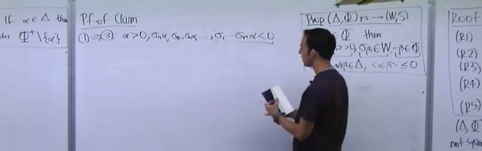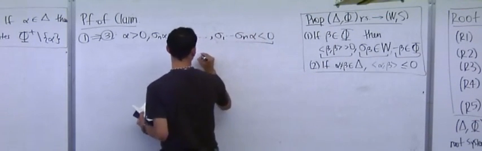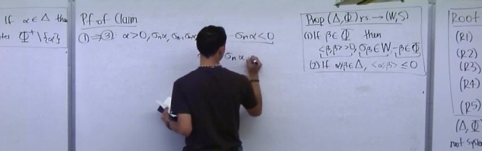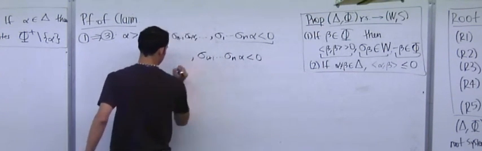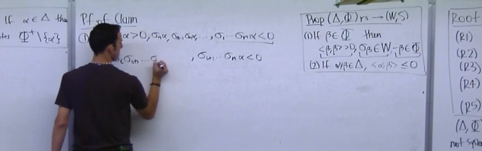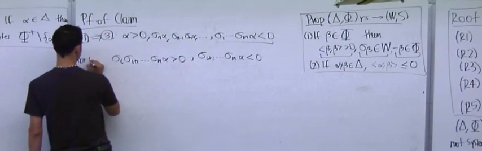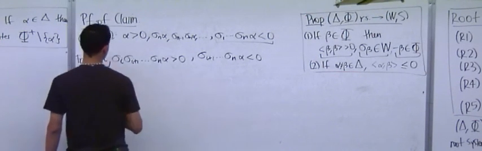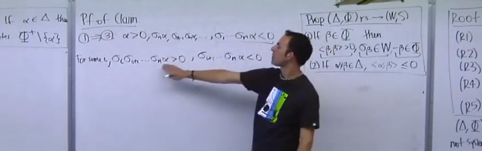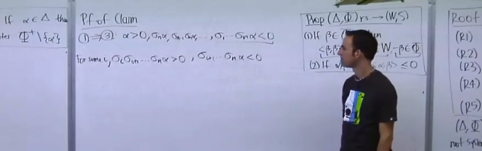So at some point there must be a transition from sigma i plus 1 up to sigma n of alpha being negative to the next one being positive, for some i. This must be true, right? Because I went from being positive to being negative, so let me take the i where that happened. There might be different choices for i, and if there are, I just take one choice.